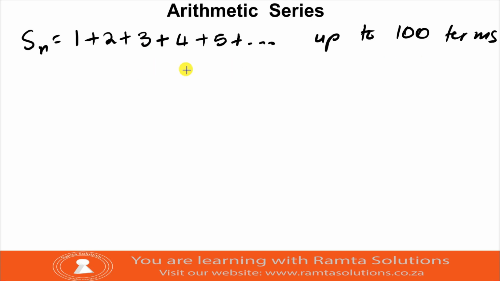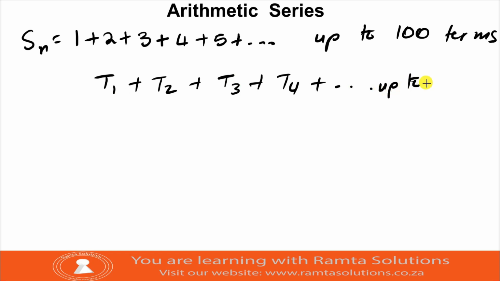Let's consider the pattern as T1 plus T2 plus T3 plus T4 and so on. It would be a lot of work, so we don't want to do that. Let me say up to n terms.